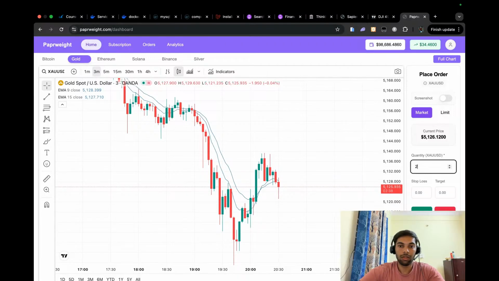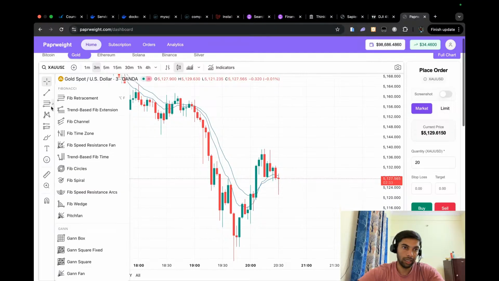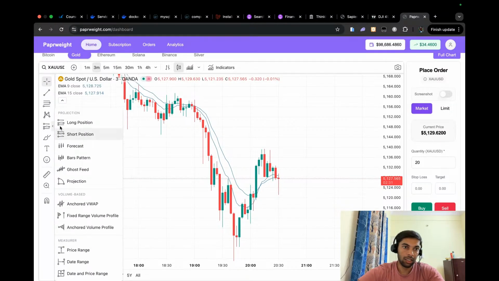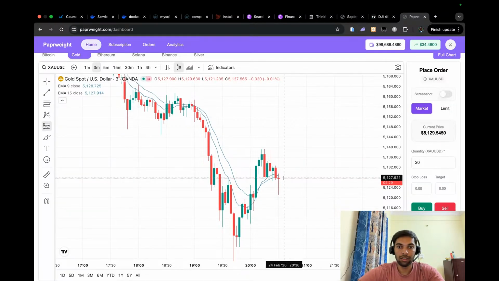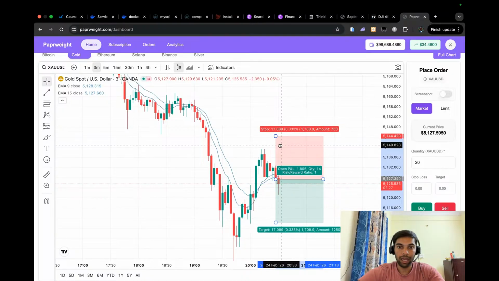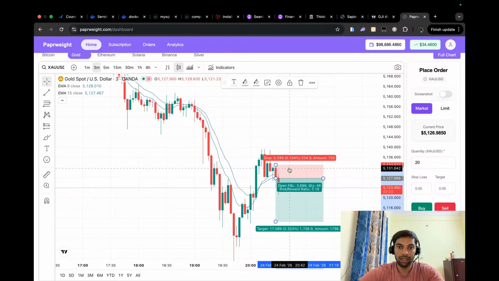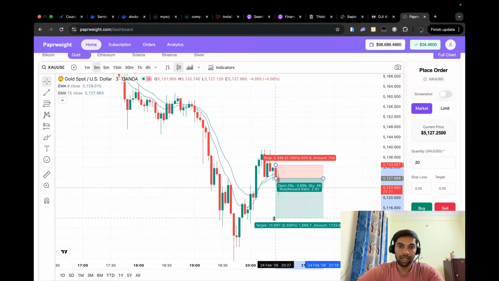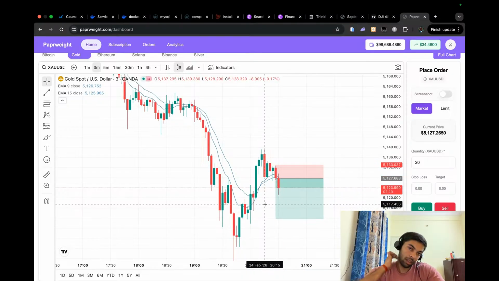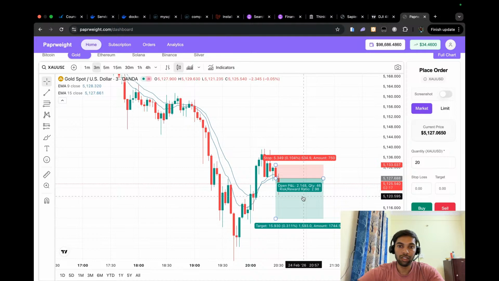So we can take a trade in gold on the selling side as well. I'm planning to take a trade on the selling side, and my target would be at this point. Let's see my target 1:3.